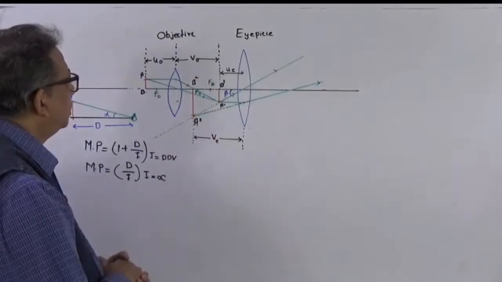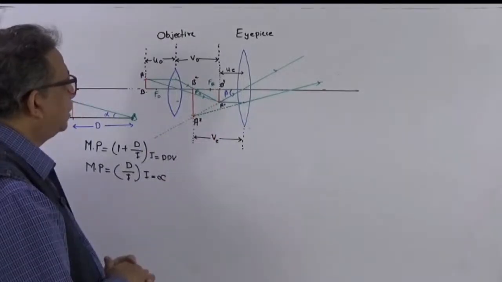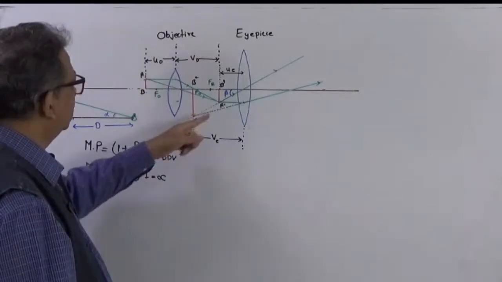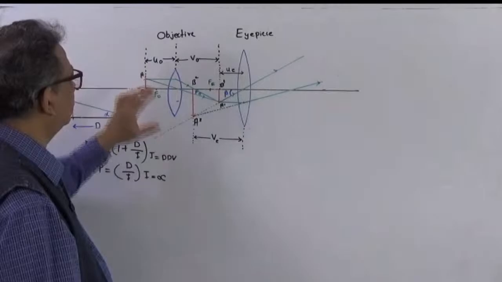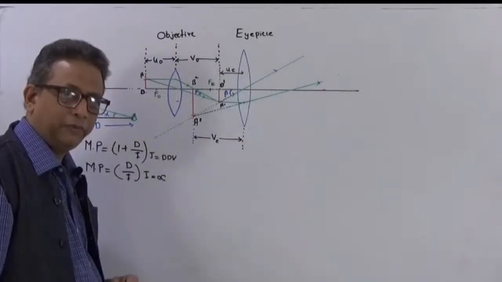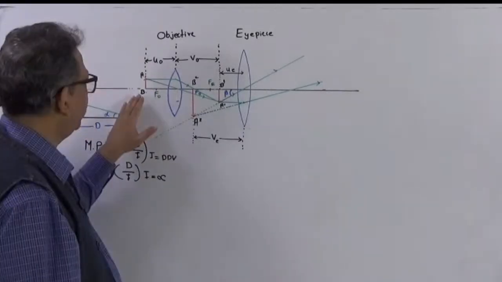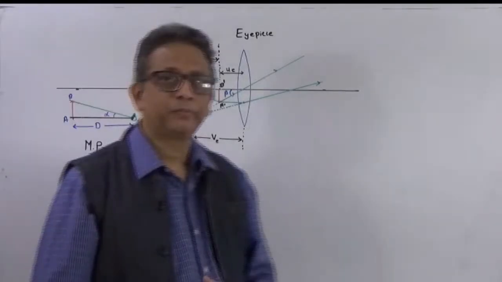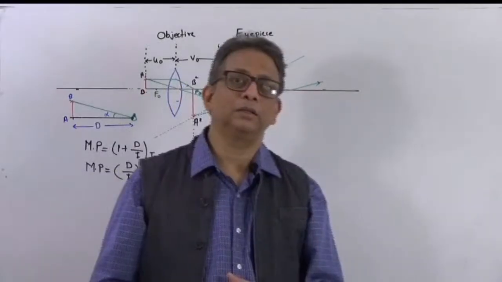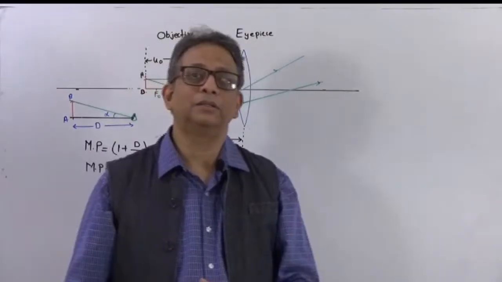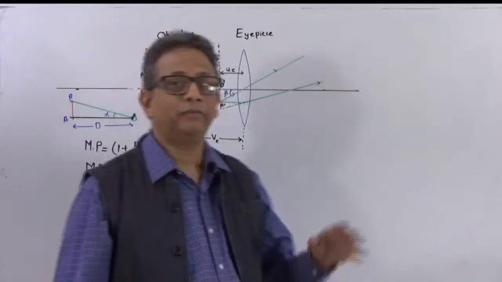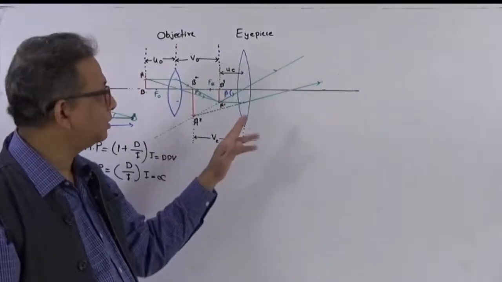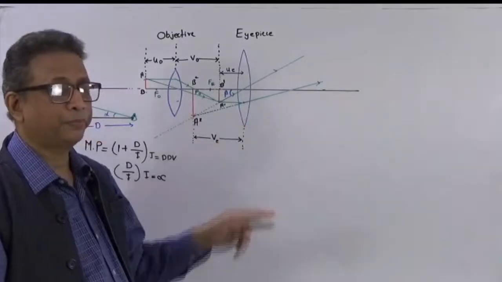Now what we are doing is, we are not satisfied with the magnification of A1 and B1. A1, B1 is a magnified image of AB. That is definitely there, because AB is near to the focus. Remember our configuration: when the object comes near to the focus, the image will tend to go towards infinity. But here we have not brought it to the focus, we have brought it just before the focus, so the output is magnified.